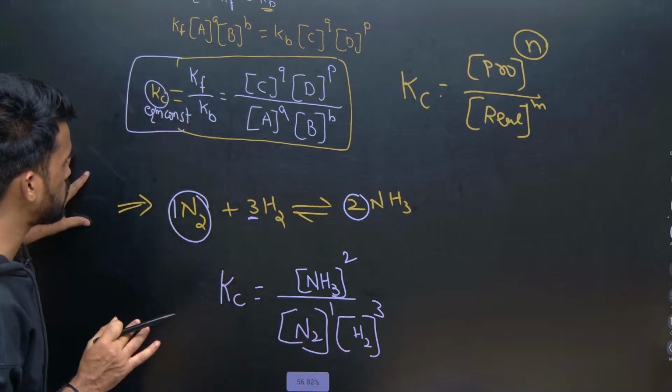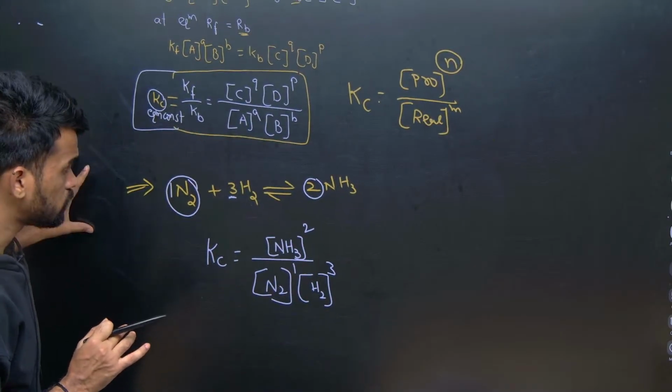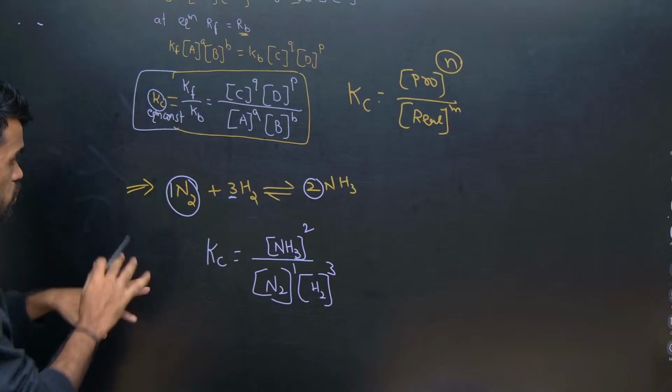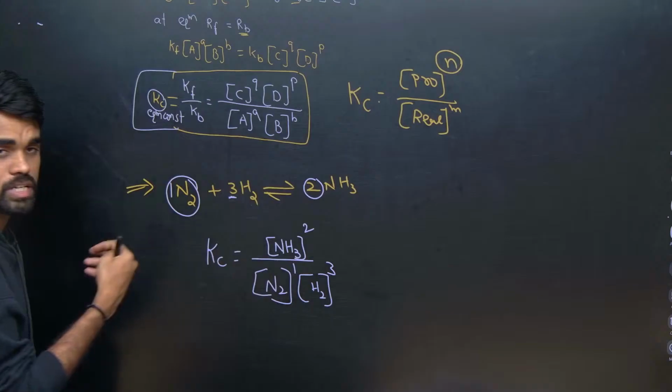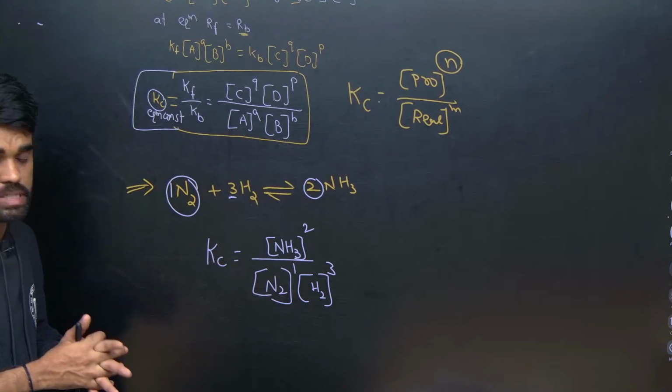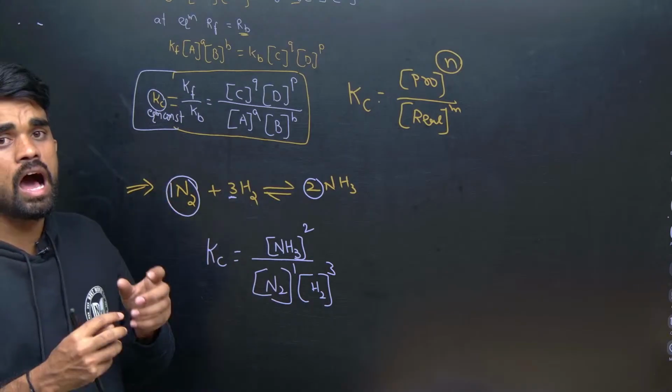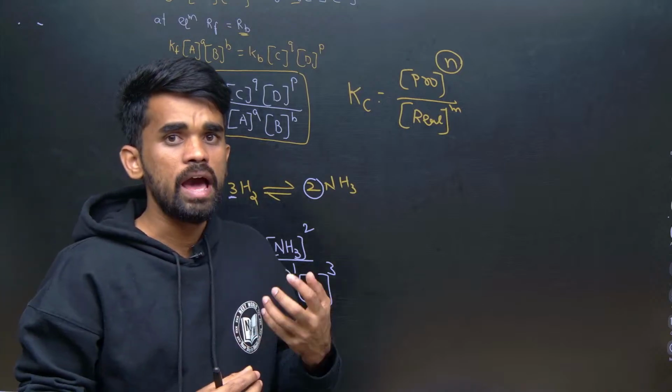And one more thing I want to mention here. Whatever we are writing now, Kc equals the concentration of products by the concentration of reactants raised to the power of their coefficients, this is termed the law of mass action or law of active masses.